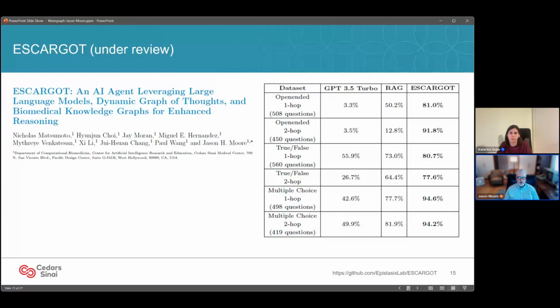And since they're derived from the graph, however you've constructed the graph will define the questions, and then the ability of Escargot or RAG to answer the questions just depends on what methodology you're using.